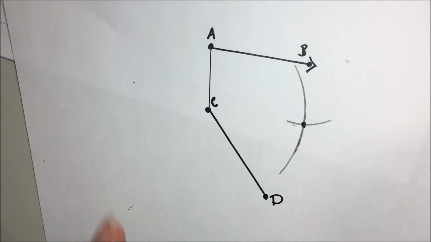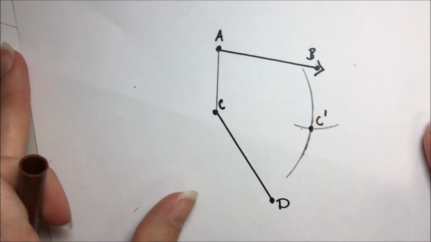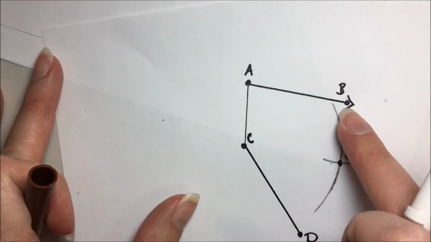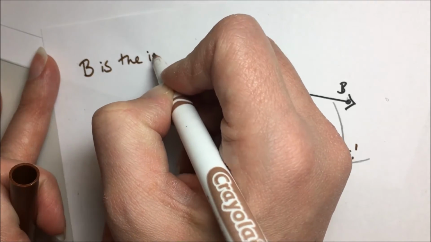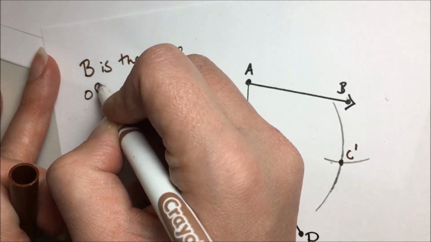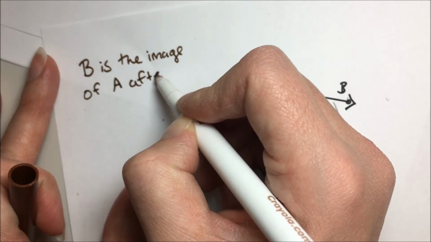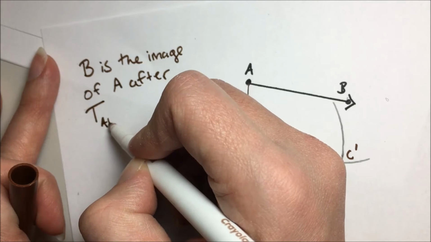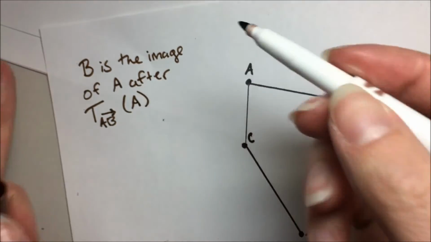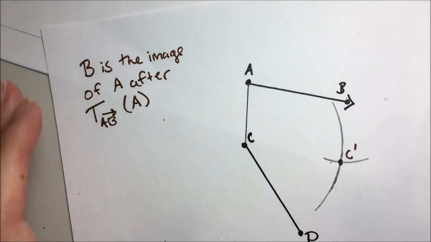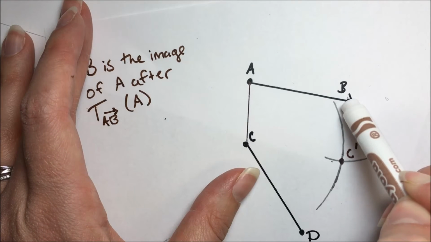So why does this work? Okay, this works because, well, B is really, so if I were to translate A along AB, along this vector, A would end up on B as its final resting place.